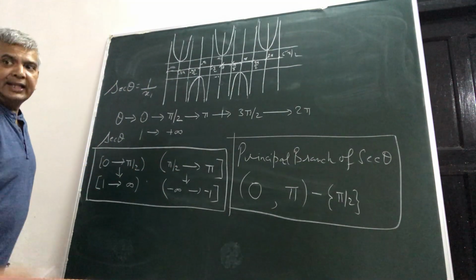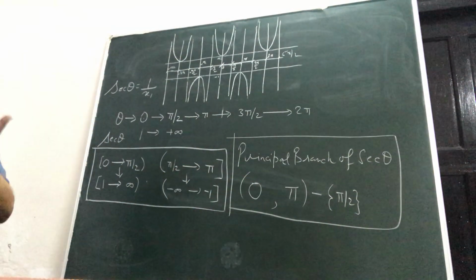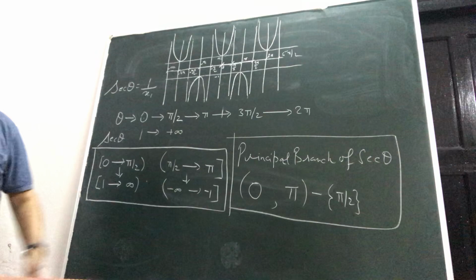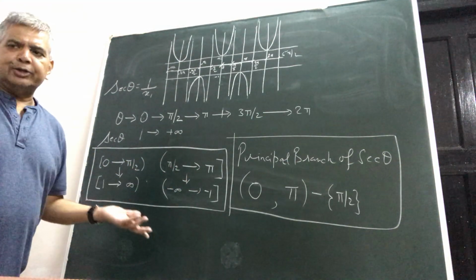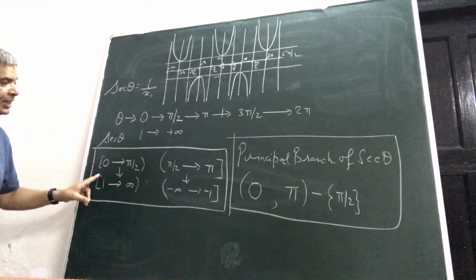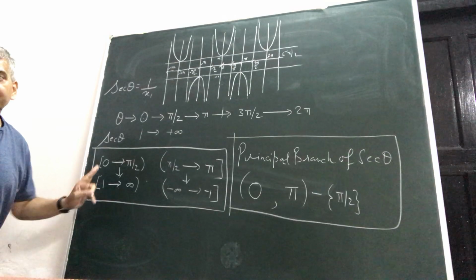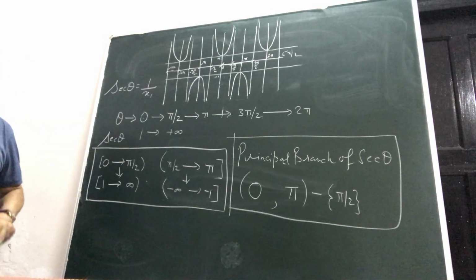But more important than just mugging up the principal branches is this particular result. Remembering principal branches this way is easy: 3 of them have 0 to pi by 2 and 0 to pi, and the remaining 3 have minus pi by 2 to pi by 2. But what is more important is this result, for sec theta, and for cosec theta.